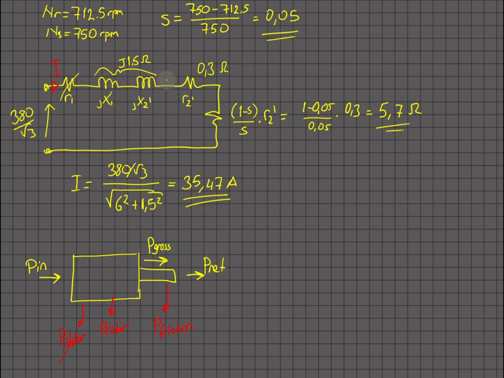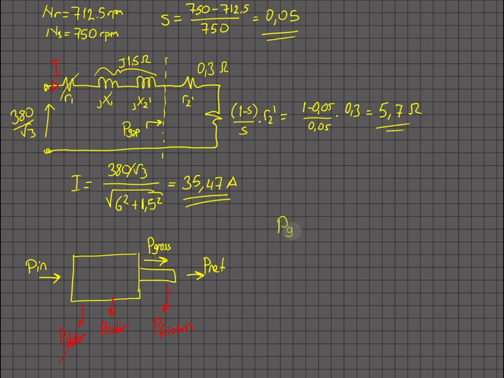So if I know the current, I can calculate the real gap power, because these are all resistive components, so I can multiply the current by the resistive components.